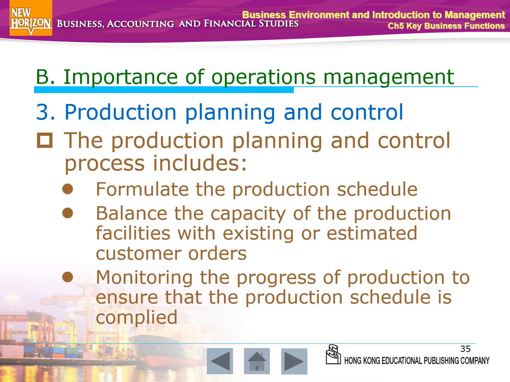Let us look at the production of iPhone X as an example. The production schedule is, say, for example, to produce 100,000 iPhone X per month. If you are an operations manager, you would see day by day, week by week, if the production schedule is met.